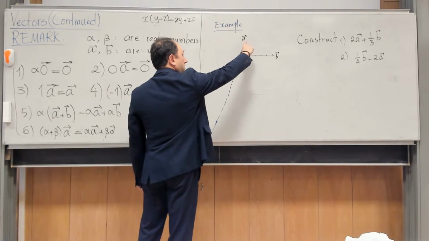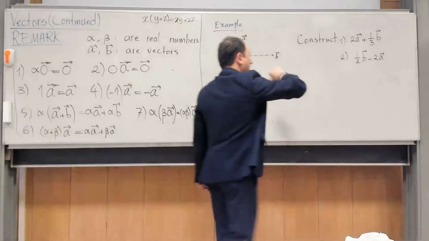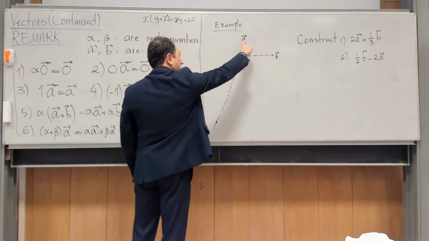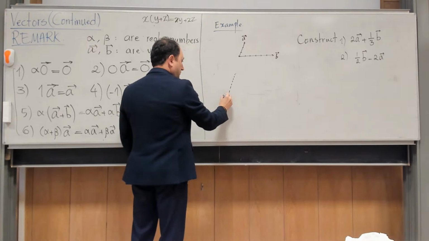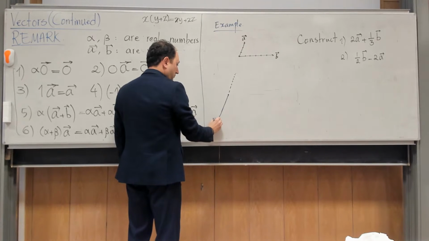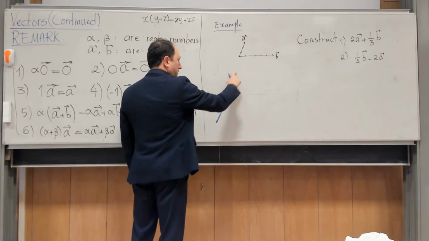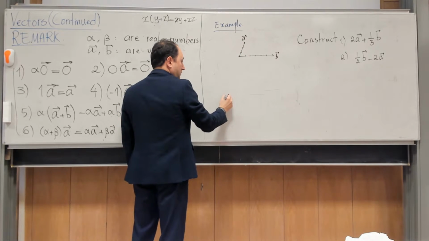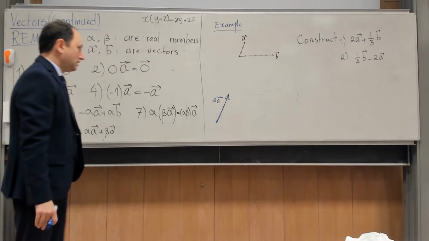This is 3 length units. I need to double it. So if this is one of them, this is another one. So this point and this point. This is my vector. Where should the tip of the arrow be? Up, because 2 is positive, so I keep the direction. I hope you agree with me that this is the 2a.